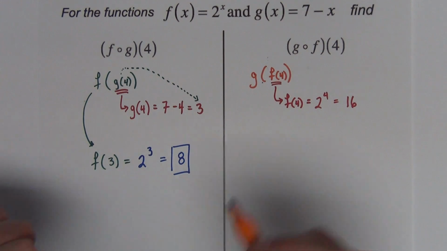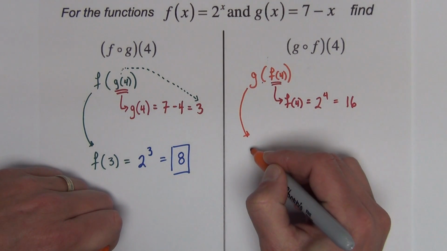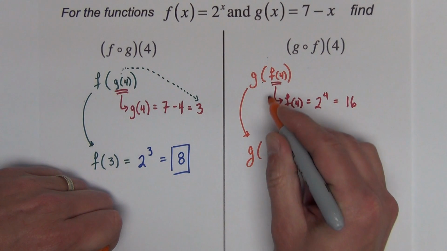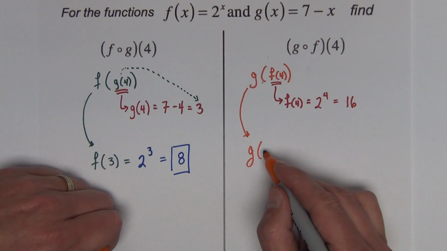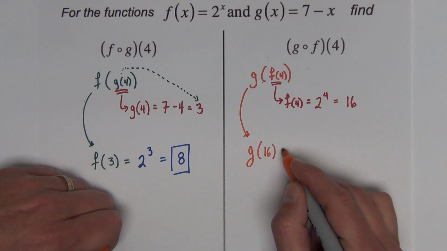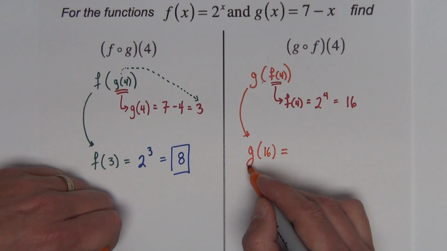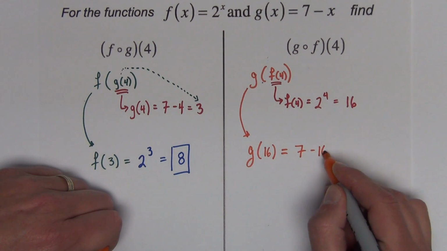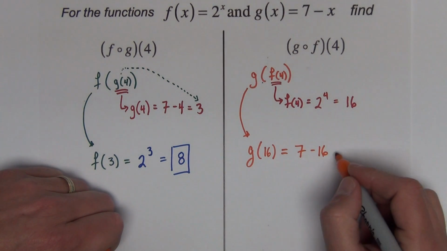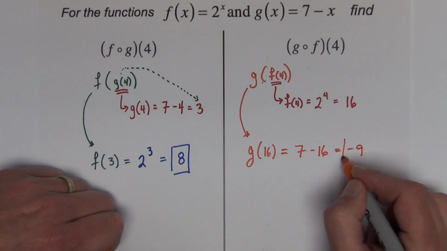Okay, rewrite this problem now. It's not g of f of 4 anymore. f of 4 is 16, so it's g of 16. So using the g function, plug 16 into the g function, we have 7 minus 16, negative 9.